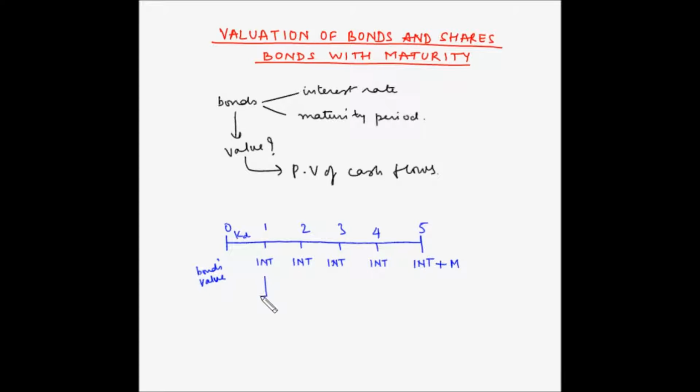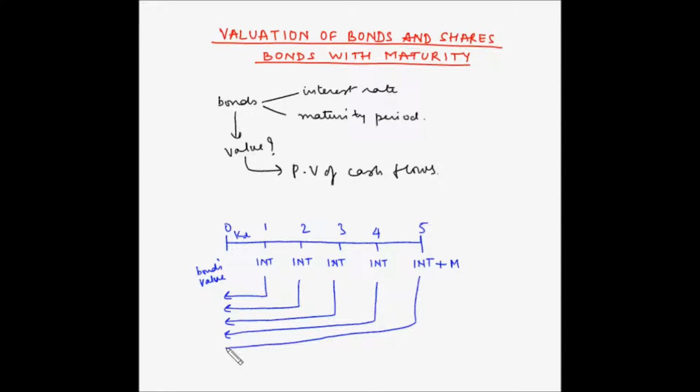So basically here we have to find the present value of all of these cash flows. Now here we'll have for the 5th year interest and then the maturity value. Let's say this is PV1, PV2, PV3, PV4, PV5, PV6.